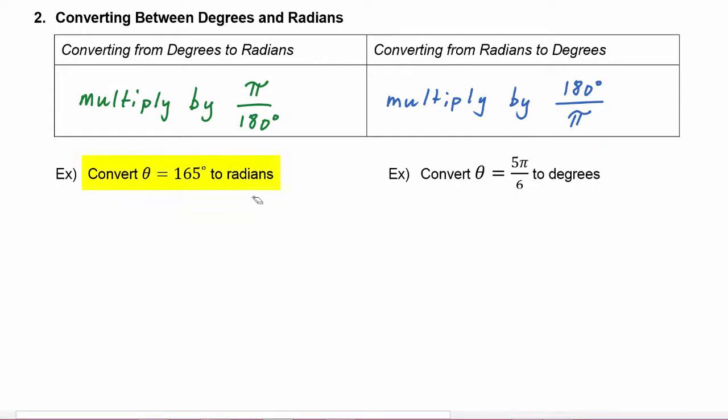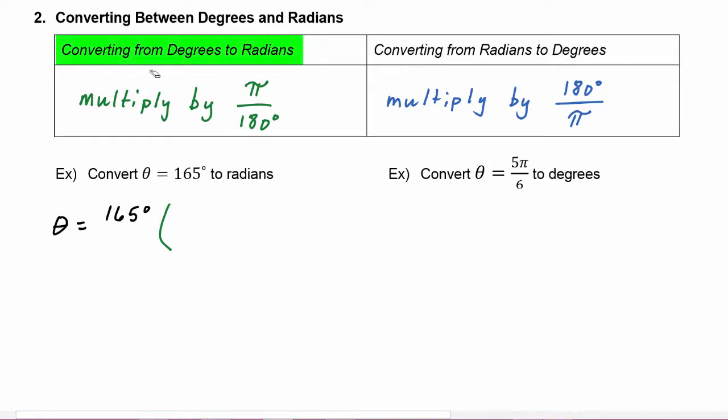Let's look at this first example. We have to convert theta equals 165 degrees into radians. So we know theta is 165 degrees. We know we're going to multiply by our conversion factor.